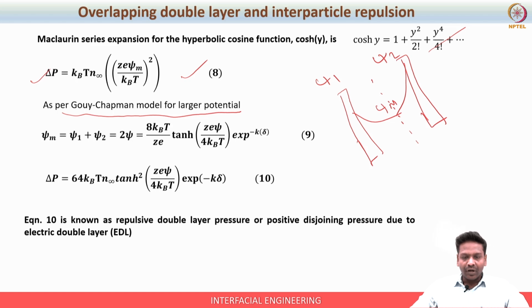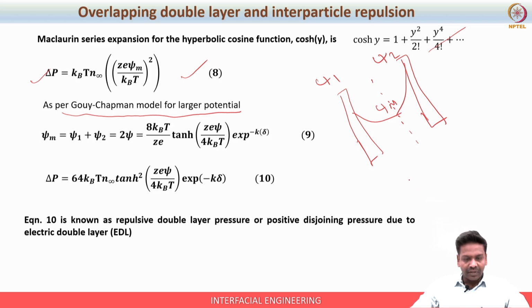So if you want to know what is psi, psi equal to psi naught exponential minus kx was developed for a condition where there is a low potential. Okay. So that was the assumption we used. Now for larger potential, you can refer to the textbook authored by Hiemenz and Rajagopalan, right?